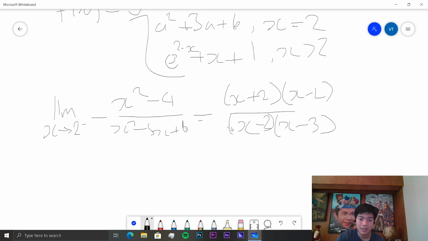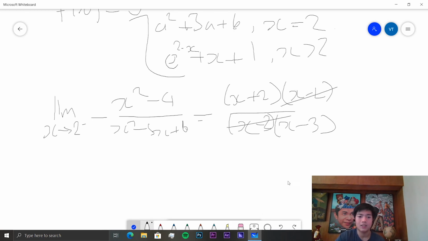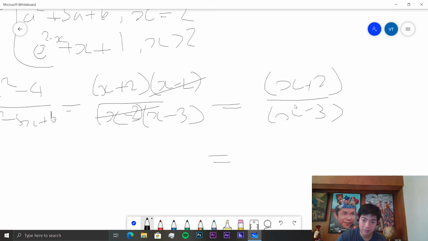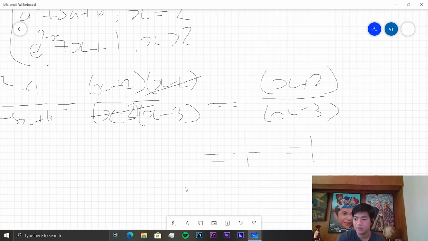So in this case, we can cancel out the x minus 2's because we're doing a limit. So you have x plus 2 over x minus 3. So if we divide both by x, we get 1 over 1. So the answer is 1. Is that what they're saying?